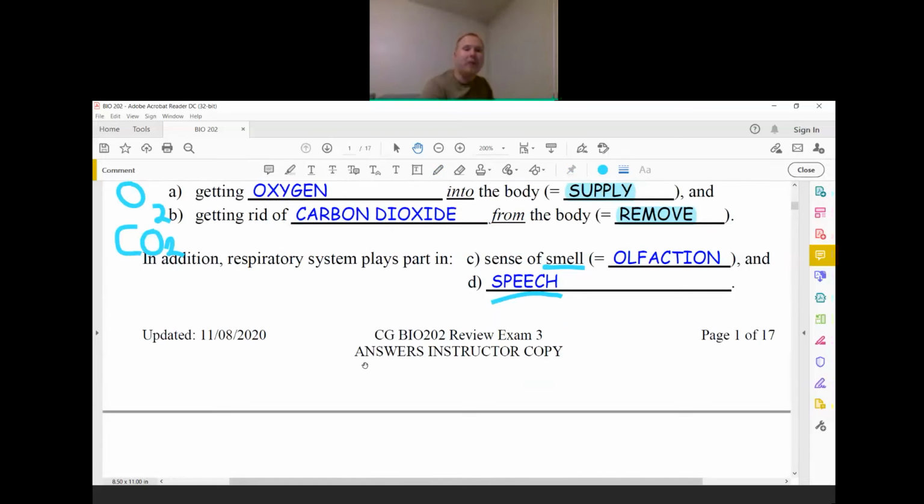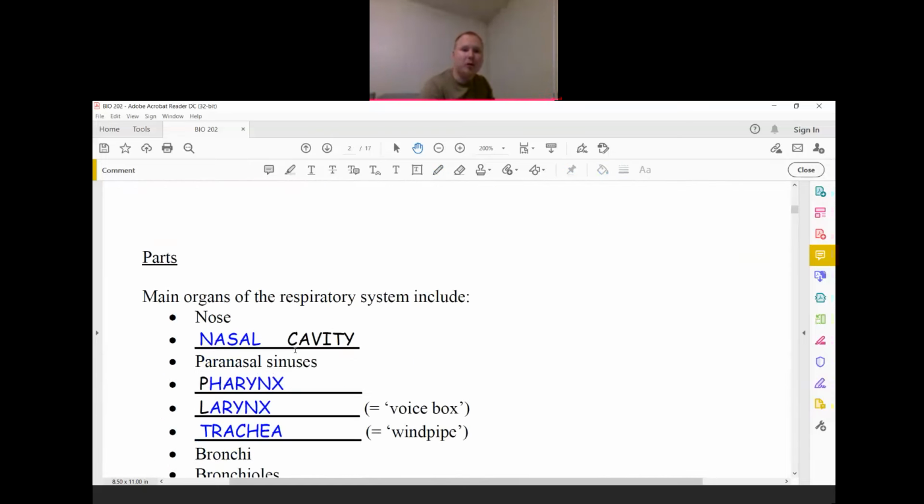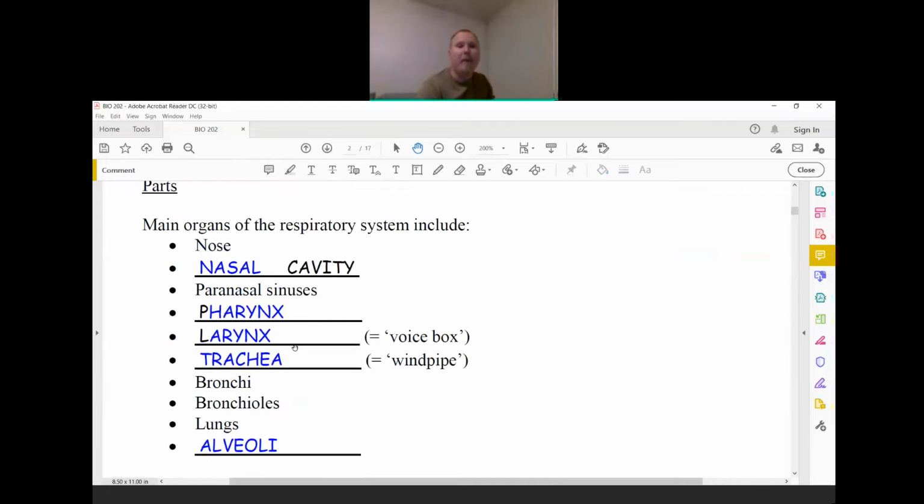And what we're going to start with is that we're basically going to go through the respiratory system one area at a time. What you might see sometimes is that the respiratory system is divided into upper and lower respiratory tract. That division is a little bit artificial, and for our purposes, as long as you know that we have these parts of the respiratory system, I'll be quite happy with that.